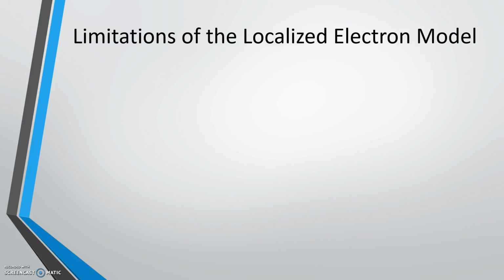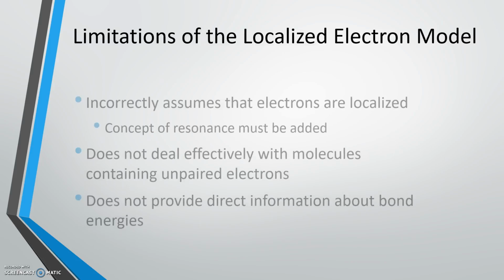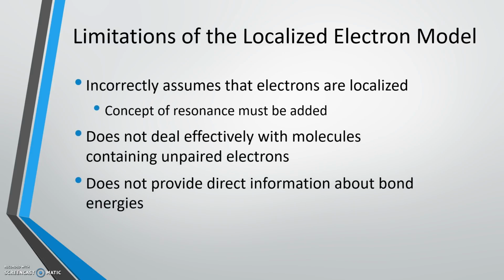There are some limitations to this model that we'll address in the second half of the unit. It does incorrectly assume that the electrons are localized, so we do need to add in the idea of resonance structures. This model doesn't really deal effectively with the molecules that have unpaired electrons, and it also doesn't give us any information about bond energies.